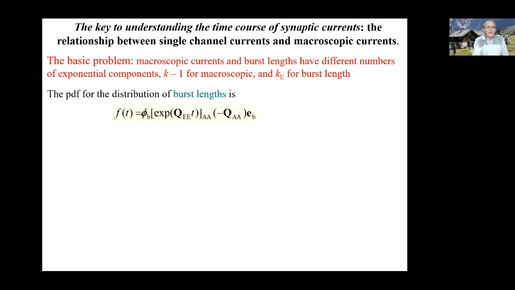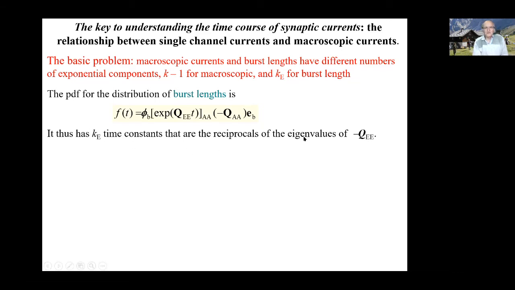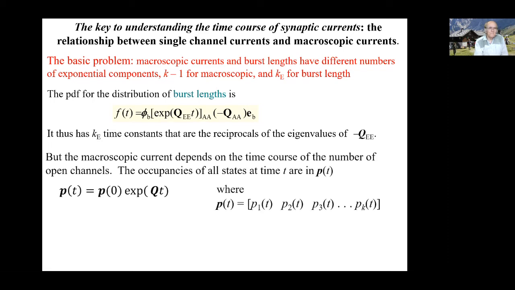But there's a problem in that interpretation, because the probability density function for the distribution of burst lengths, as we've seen repeatedly, is that. So it has KE time constants that are the reciprocals of the eigenvalues of minus QE in the standard way. But the macroscopic current depends on the time course of the number of open channels, and that is given by this.